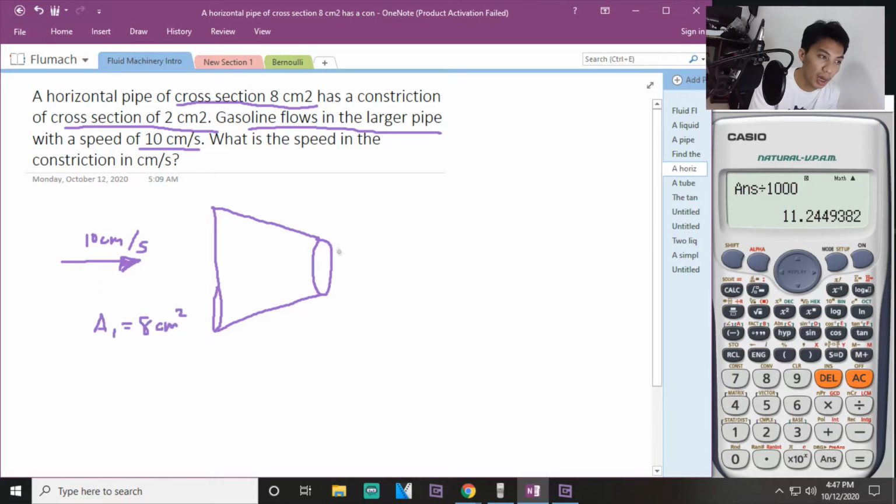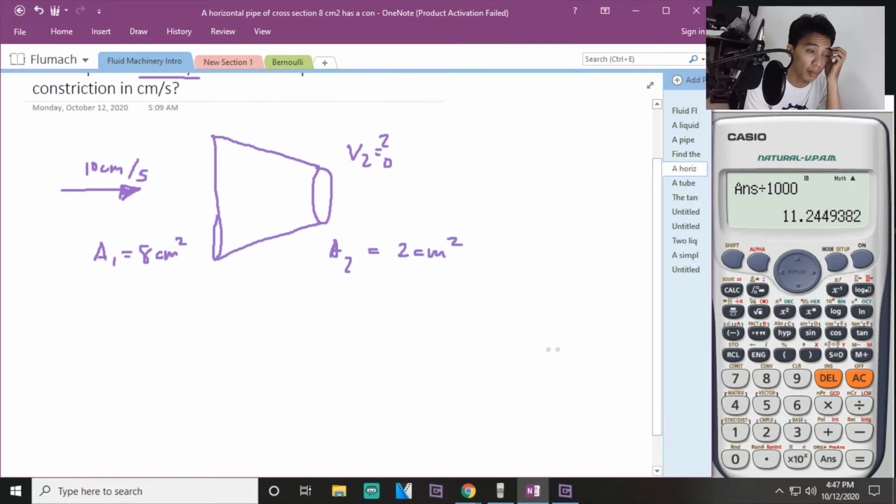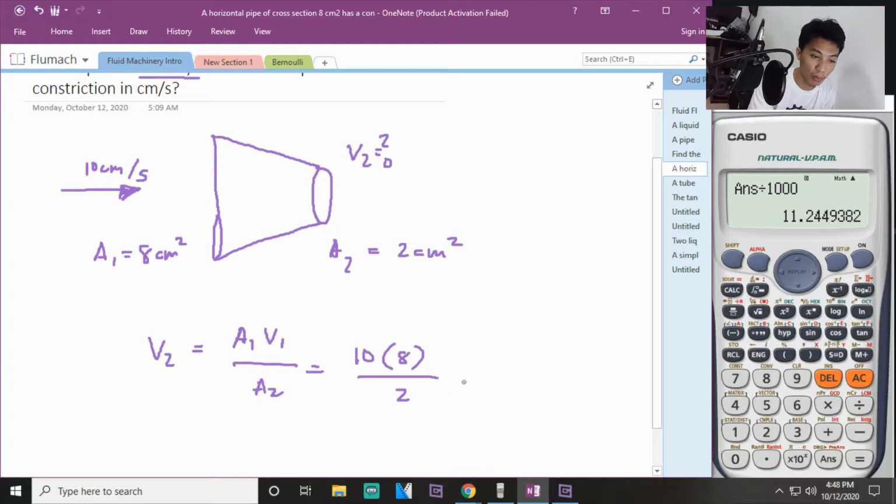Ngayon, sinakal mo daw siya. Yung velocity dito, hindi mo alam. Tapos, sinakal mo siya to A2. That is 2 cm squared. Napaka-basic. So, gamitin mo ulit yung nahanap niya V2. So, V2 equal to area 1, V1 over area 2. Direct substitution. That is 10 times 8 over 2.